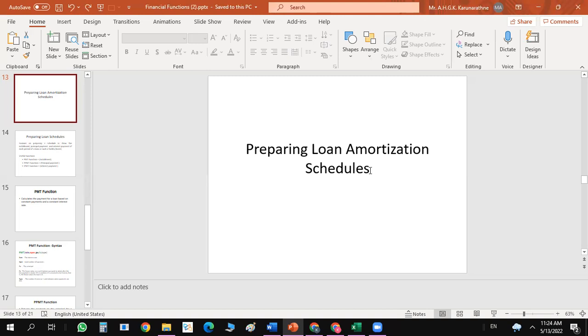I'm sure you have already studied the concept of loan repayment schedule and its importance for your organization, or for you as managers making decisions on finance matters. Especially a loan amortization schedule is required.